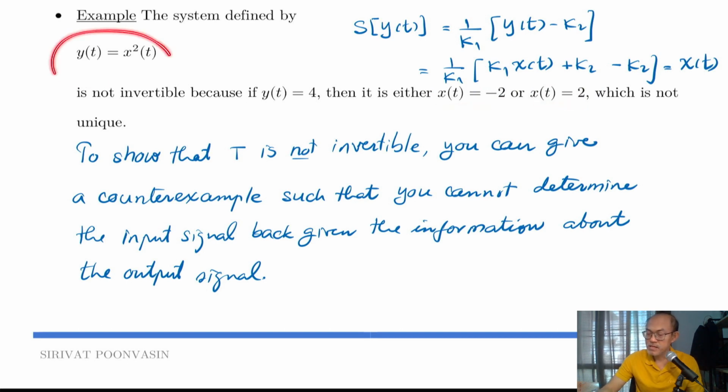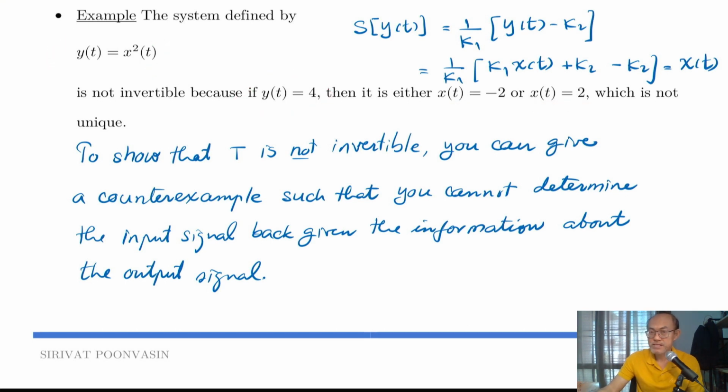So this system is not invertible. You cannot find the value of the input, because it can be either -2 or 2. There has to be only one input, but you cannot find it. These two can happen. It's either this one or that one to get y equal to 4.